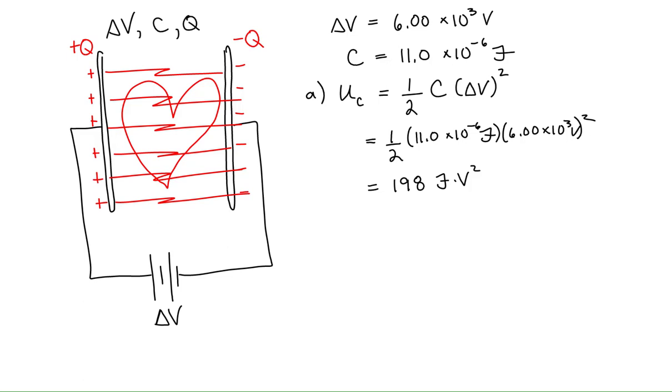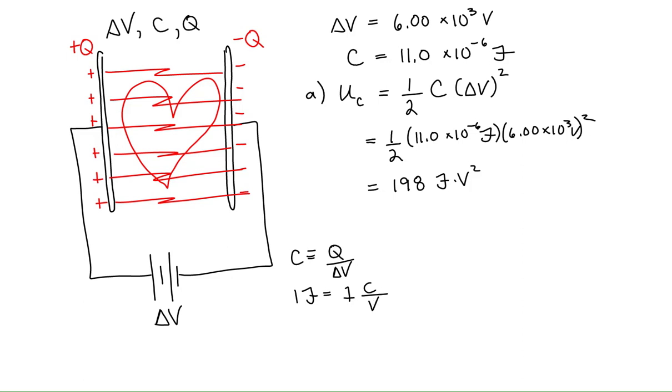A farad is the unit of capacitance. And remember, capacitance is defined as charge per unit volt. So if the unit of capacitance is the farad, then a farad is equivalent to a coulomb per volt.